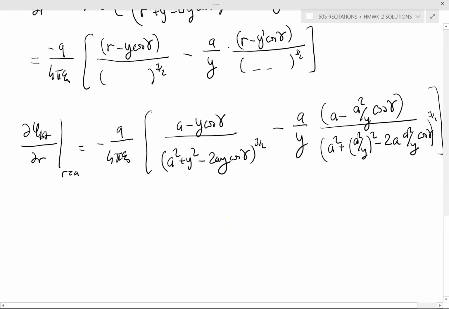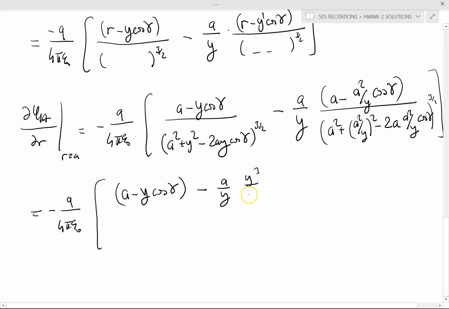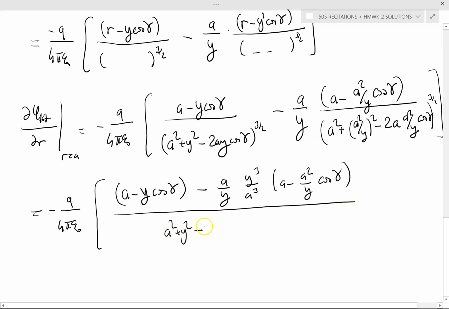There is one step left now. So this whole expression can be reduced to minus Q over 4 pi E0, a minus y cosine gamma minus a over y cubed divided by a cubed, a minus a squared over y cosine gamma divided by a squared plus y squared minus 2ay cosine gamma to the power of 3 over 2.